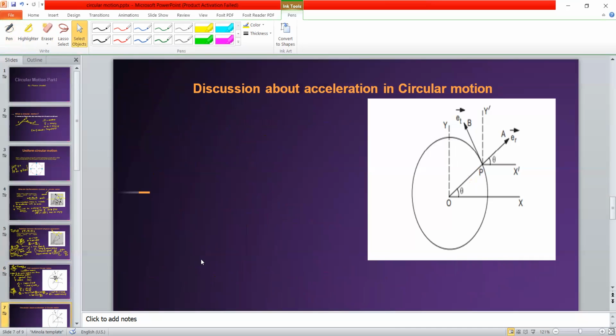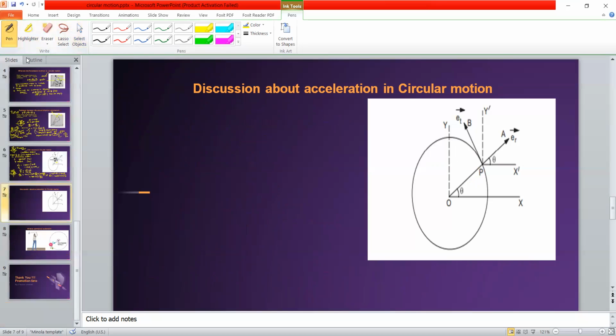In this particular slide, we are discussing the acceleration that is involved. As we have just derived, the acceleration vector is nothing but minus omega square r er plus r alpha et. So in circular motion, there are two types of acceleration involved. The first is called radial acceleration.